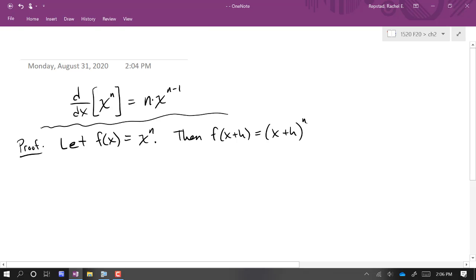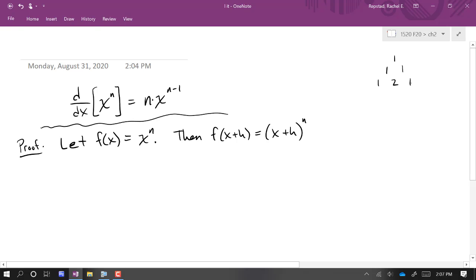Now, when we find derivatives of x to a power using the limit definition, we do that algebra where we expand that power, so we could write out all the terms. Here that's going to be a little bit of a challenge, but we're going to be able to do it well enough to see what the limit is that we need to find. So remember Pascal's triangle, the one that starts with 1, 1, 1, 1, 2, 1.